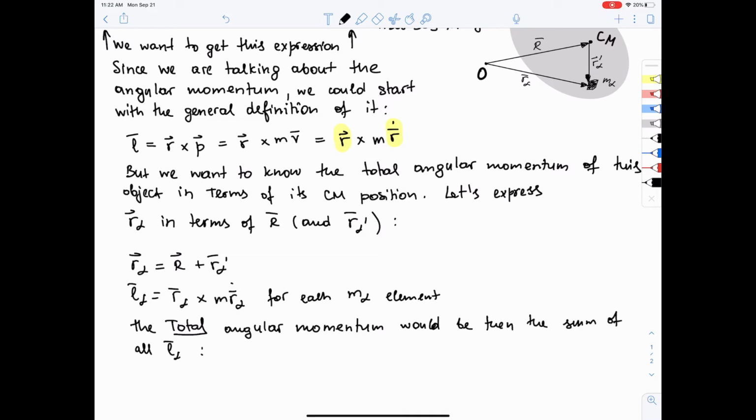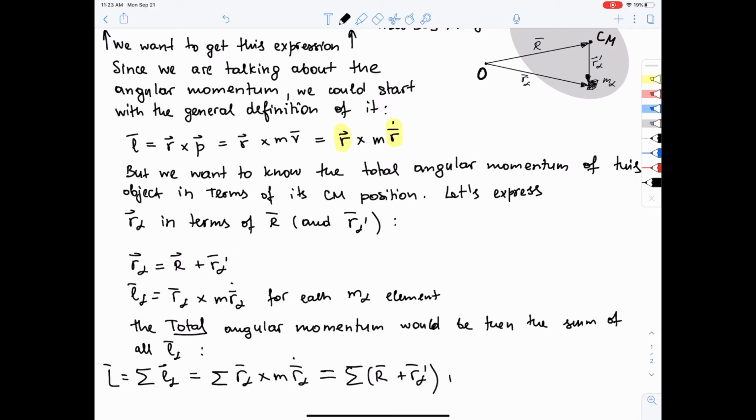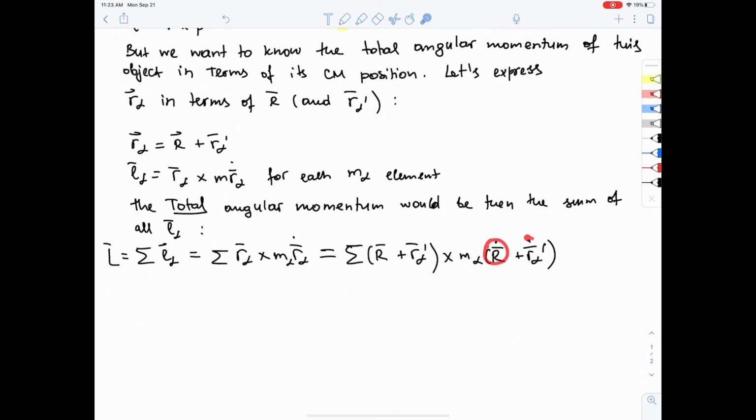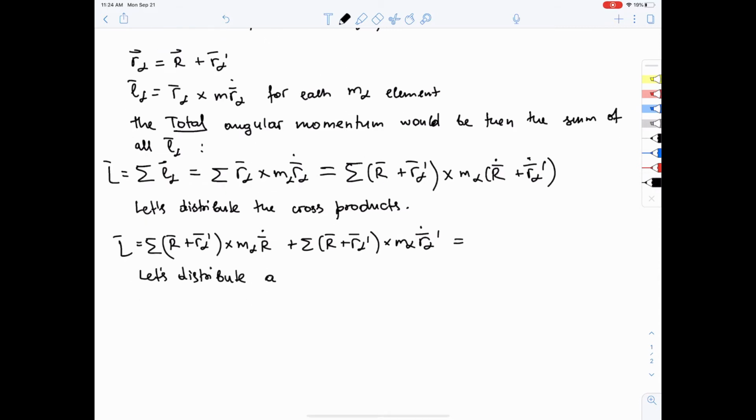For each mass element m sub alpha, this is the same. And then to get the total angular momentum, we would sum over all of these particles of mass and get the expression. Once we have it, we can substitute r sub alpha into the summation of all the smaller momenta, and distribute the cross product and the sums to make our derivation a bit simpler.